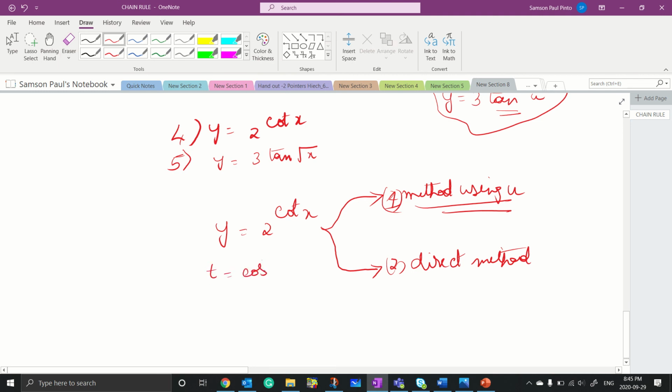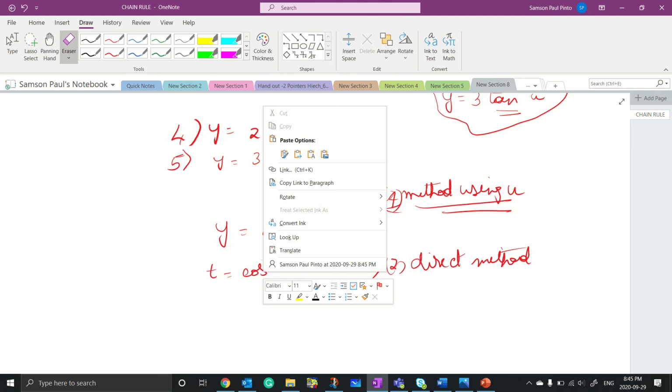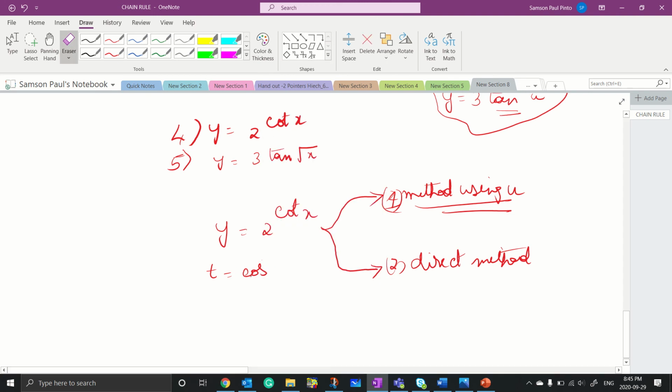It's not cos, it's t as cot x. And we know that y equal to 2 power t. Now we have a formula for cot x and we have a formula for a power x. This is not x power n, this is a power x.